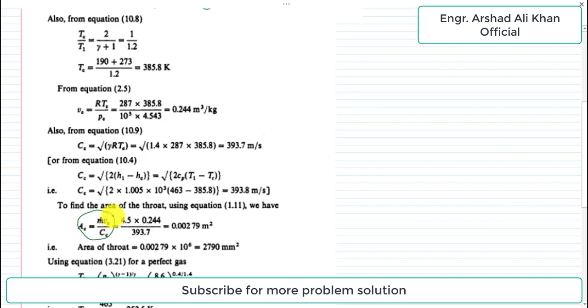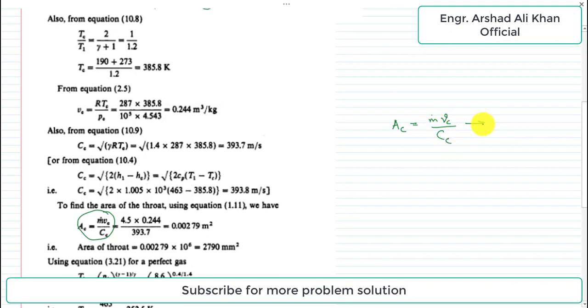So for finding the critical or throat area, we can write that AC is equal to m dot times small vc divided by Cc.